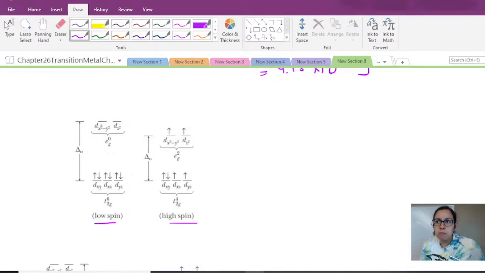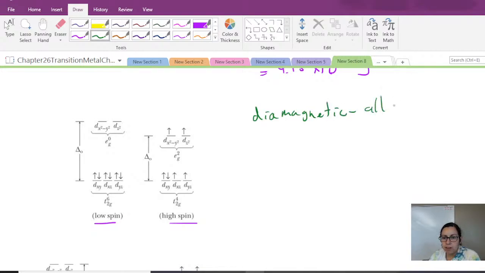Do we remember our terms diamagnetic, paramagnetic? I see some nods. Quick refresher. If something is diamagnetic, it has all paired electrons.